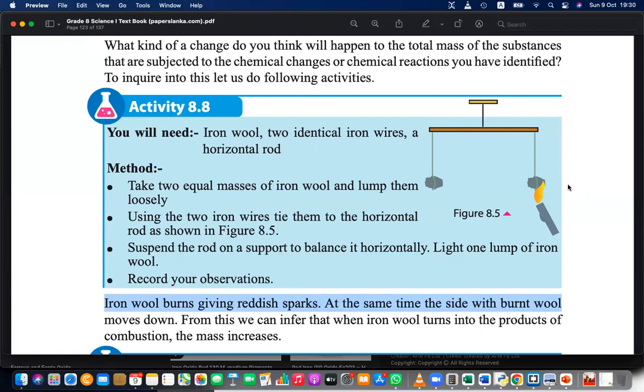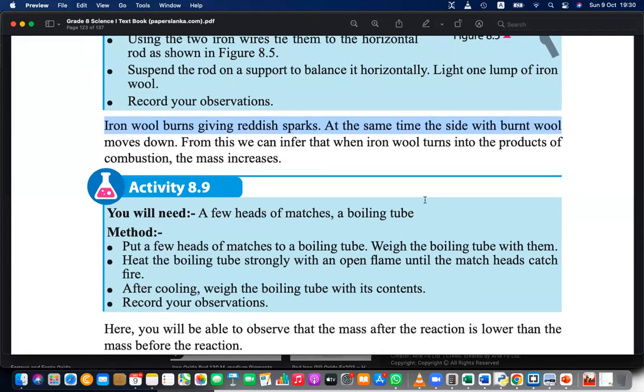That is the reason, right? And here is another example. A few heads of matches and a boiling tube. Put a few match heads in the boiling tube and take the weight of the boiling tube with them. Then heat the boiling tube strongly in an open flame until the match heads catch fire.